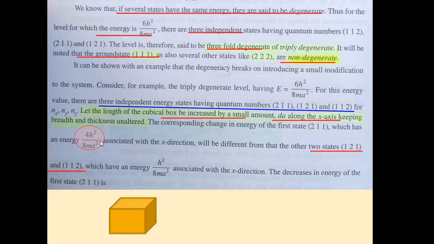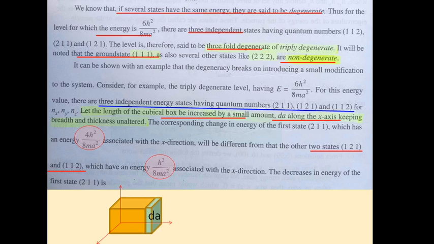To understand that, let me take a box with coordinates x, y, z, and let me increase a very small element of the length in the direction of x. By doing so, I am not altering the rest of the 2 energy states, 121 and 112, because their energy is still h square upon 8m square.